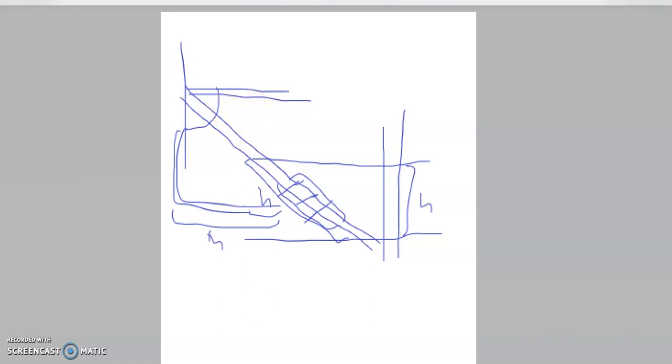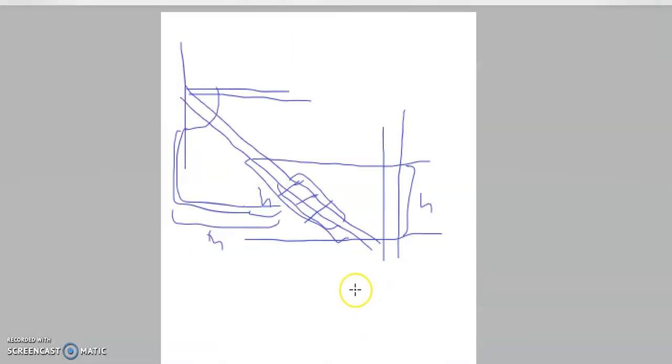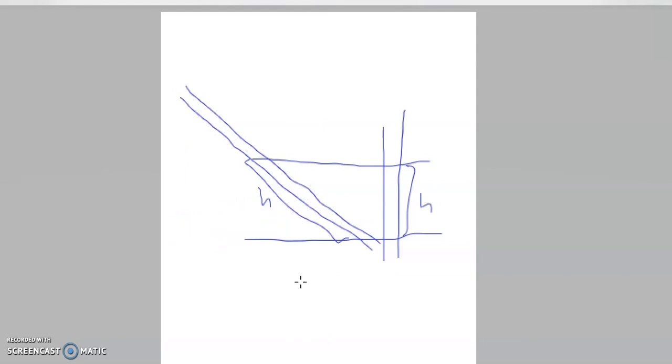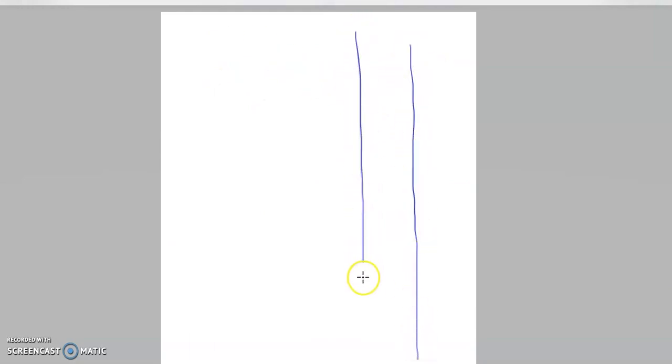So let's see the problems of deviated wells. The issue is with wireline work beyond 65 degrees. So this is the vertical well.